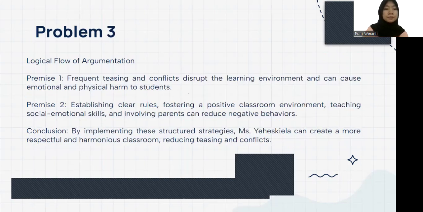For the last problem, logically analyzing the problem and applying comprehensive solutions, Ms. Yehezkiela can effectively address the teasing and conflict, fostering a safer and more positive learning environment for all students.